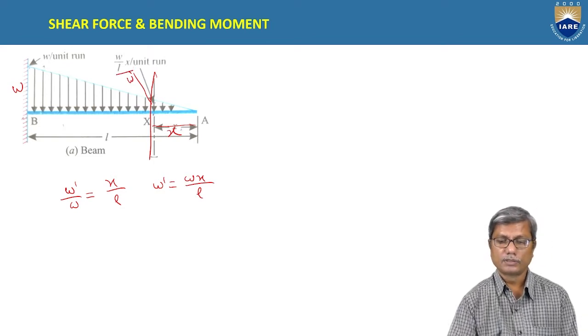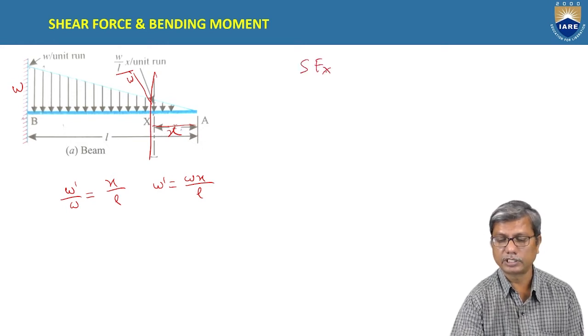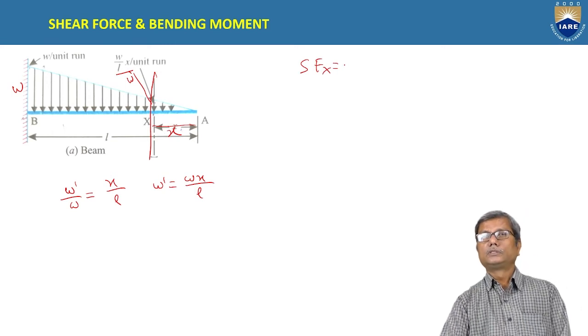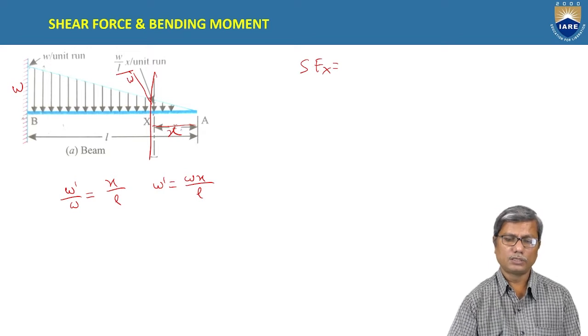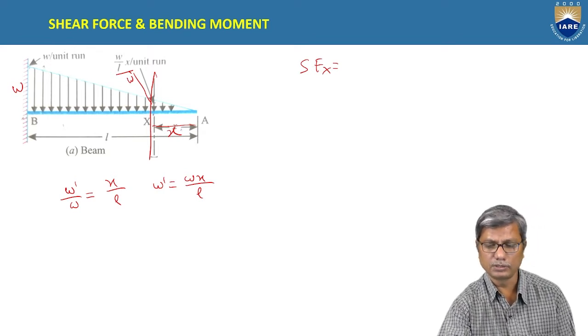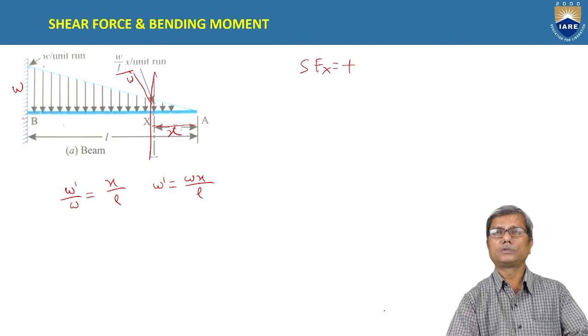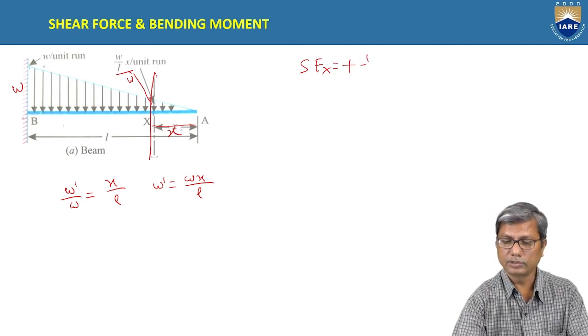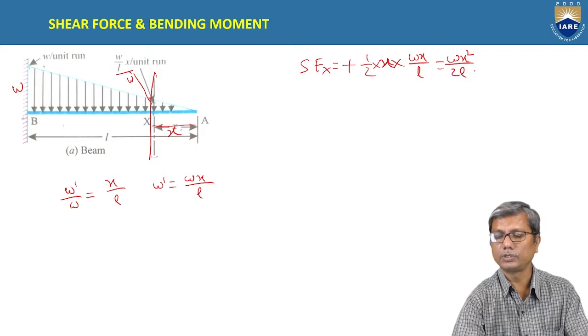Now let us consider the shear force at section x. Considering the right hand side, we have only downward loading, so it is positive shear force. What is the total load to the right? That is nothing but the area. Area is half into base, base is x and height is Wx by L, so it is Wx square by 2L.